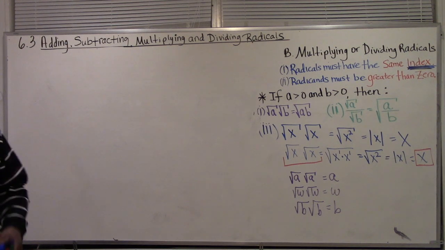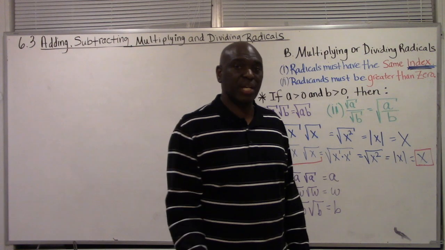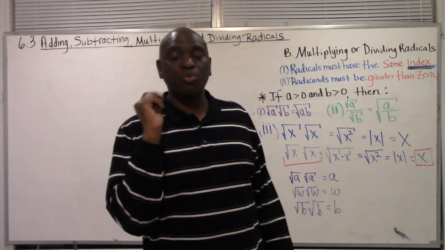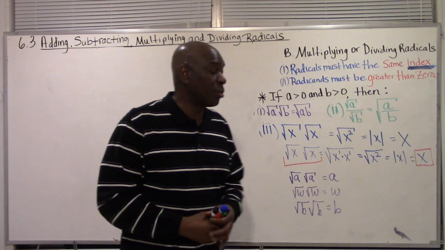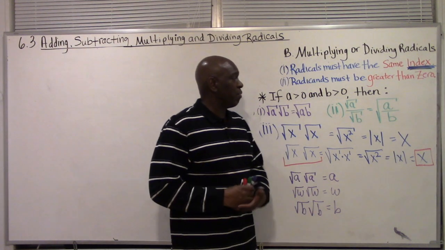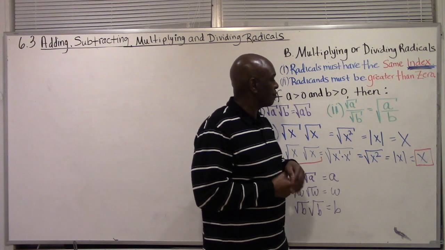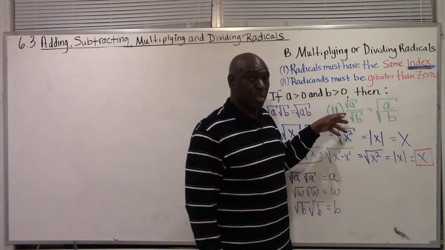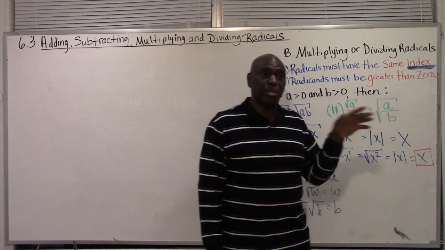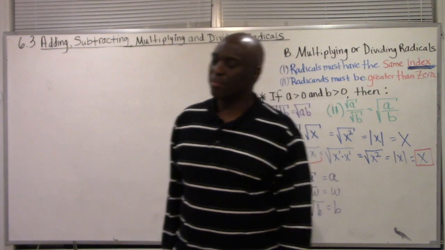what we're going to do with division, it really goes back to lesson 6.1. I cannot overemphasize how important 6.1 is, because what we're about to do right now, we kind of covered somewhat in 6.1. But just know that if A is greater than 0 and B is greater than 0, then the quotient of radical A divided by radical B is the radical of A divided by B itself.